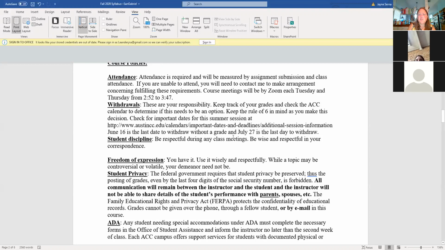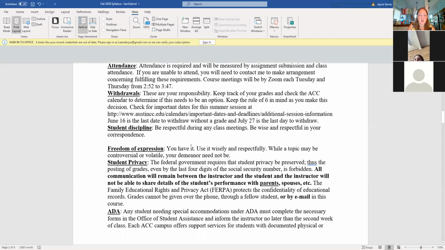Those are the last ones to withdraw without a grade, kind of in the middle. So we'll update those. The reason that I have that in here is some professors will withdraw you if you don't turn stuff in or if you miss class for 2 weeks or something like that. I just don't want to mess with that. That's your business. You take care of that.